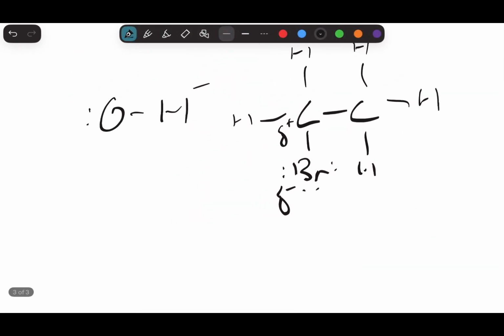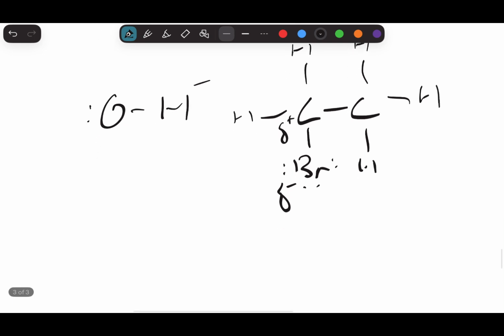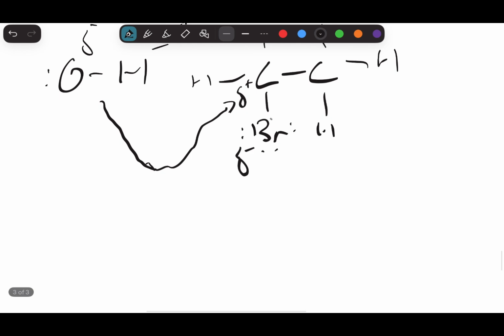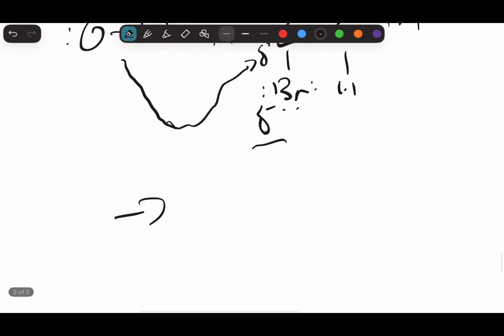And so what would happen is that we know it's a substitution reaction. So the OH would come in here, well, the oxygen, because the oxygen is partial negative and the hydrogen is partial positive. So the oxygen will come in and react with this carbocation and substitute out this bromine.